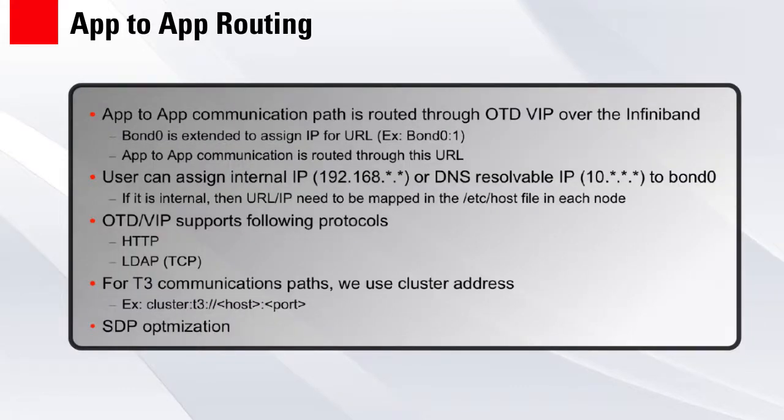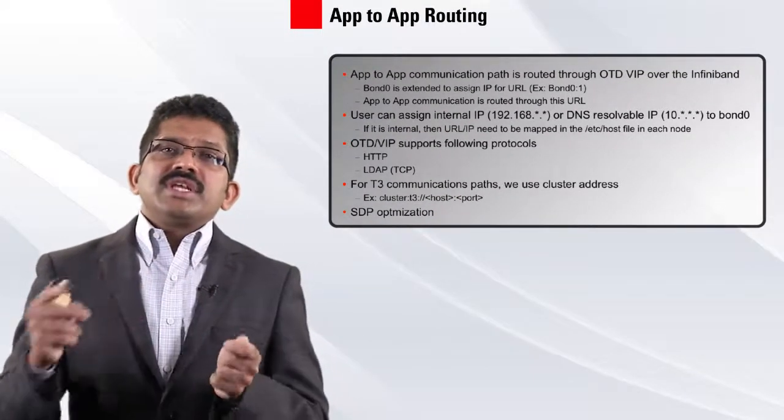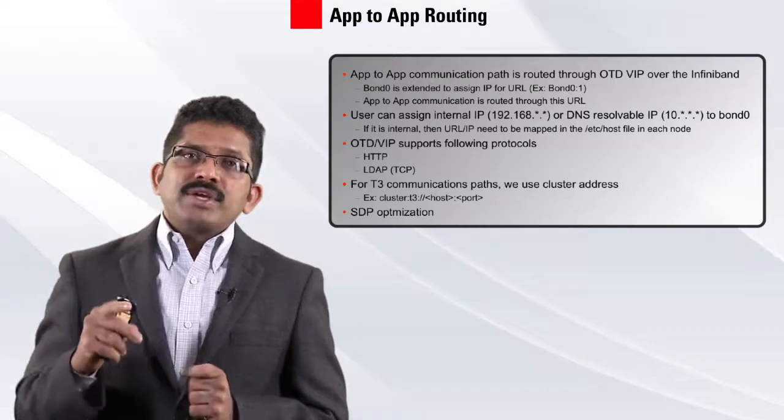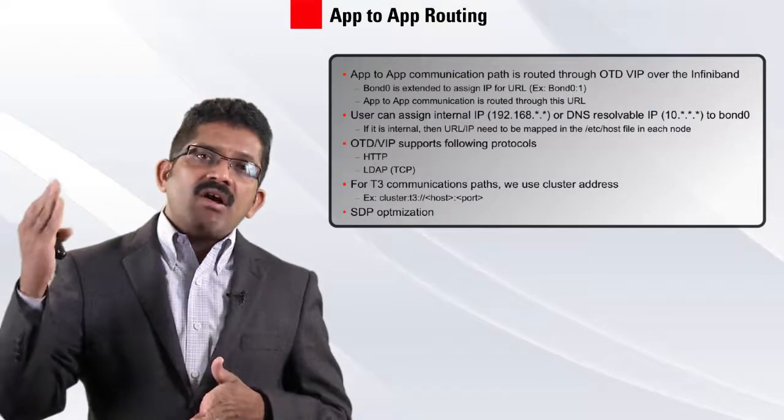So, if you look back, the app-to-app routing, what are the key things? First, you can have InfiniBand interface either through internal network 192.168, or you can have internal DNS based IP. So, if you use the internal DNS based IP, you have to make sure that IP is not visible from outside or the DMZ.